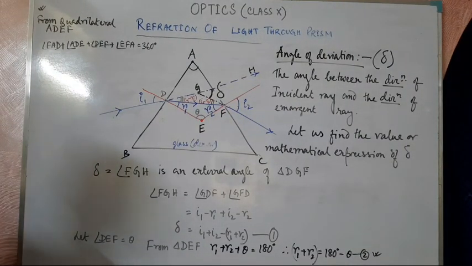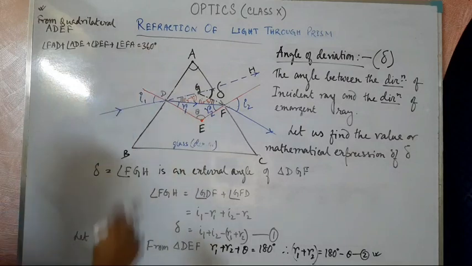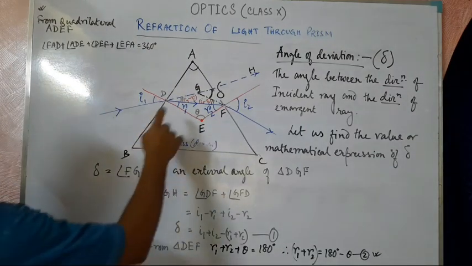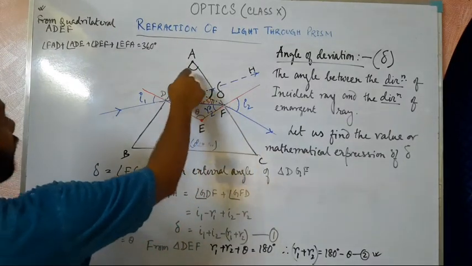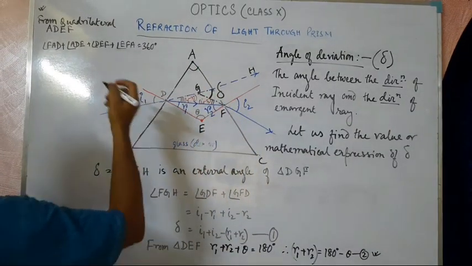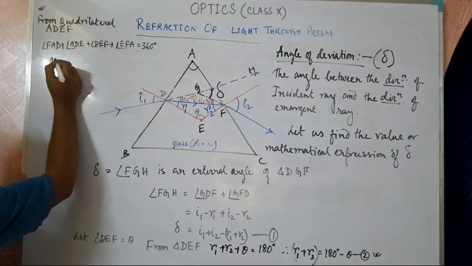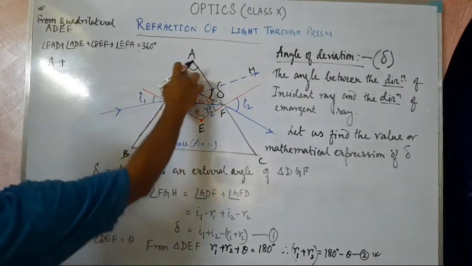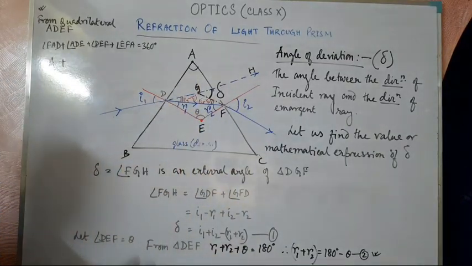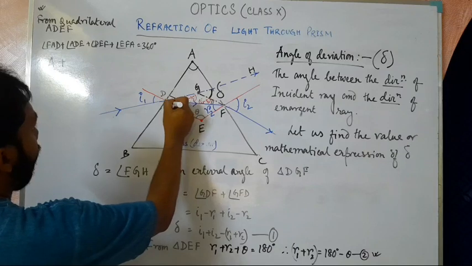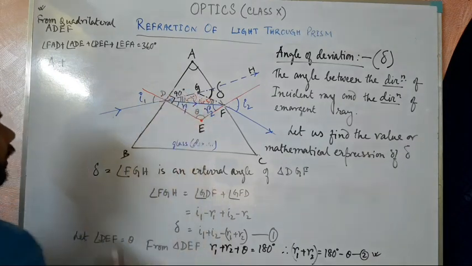Now let us put in the values of all these angles. What are the values of these angles? Let us check. FAD is the prism angle. I have previously told that the prism angle is represented by A. ADE, look here, this red line is a normal. So ADE is obviously a right angle, 90 degrees.